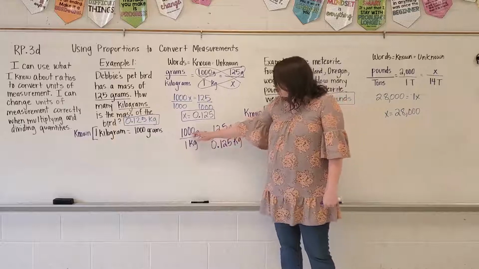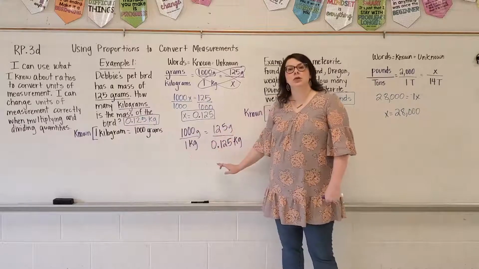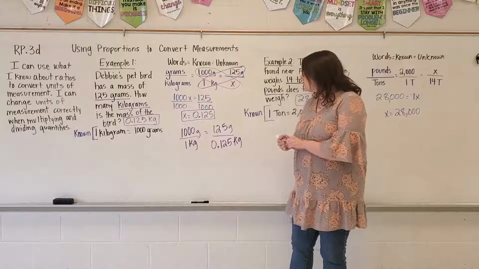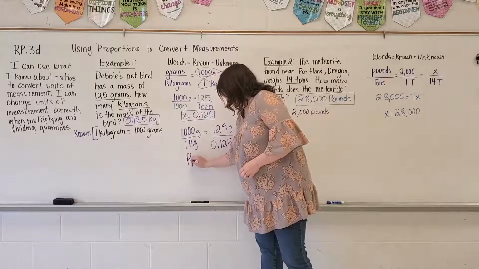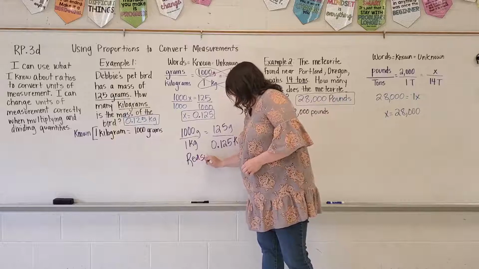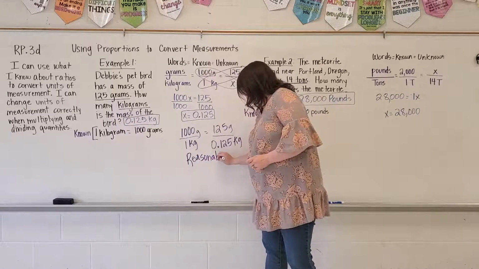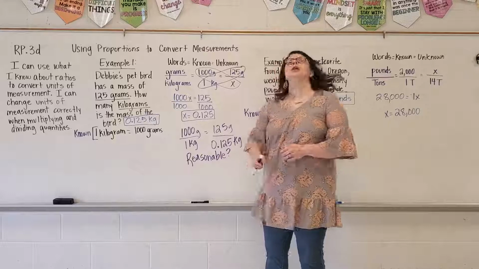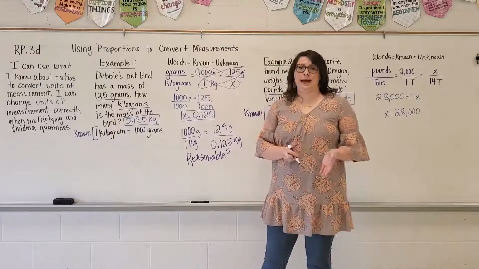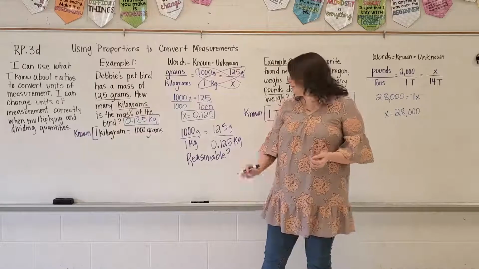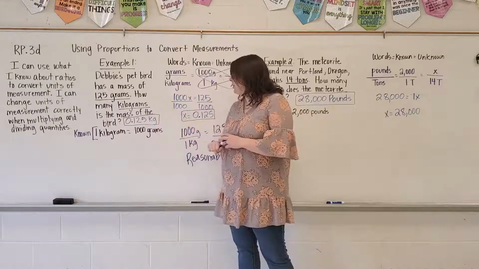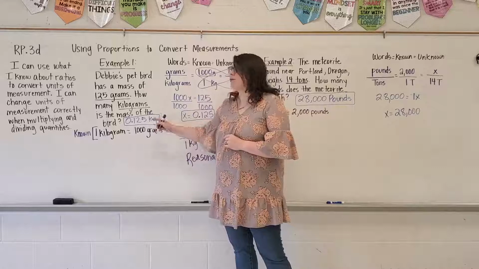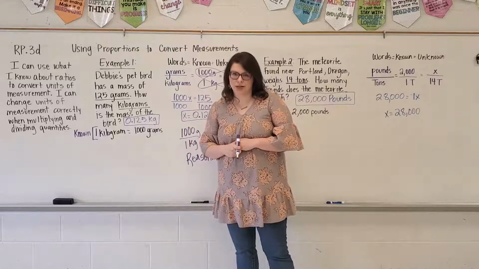This is just a way to make sure and say, okay, is it reasonable? That's always a good question to ask yourself when you are finding any calculations in math. Is it reasonable? Does this make sense? So your final answer is 125 thousandths of a kilogram. That's your answer to example 1.